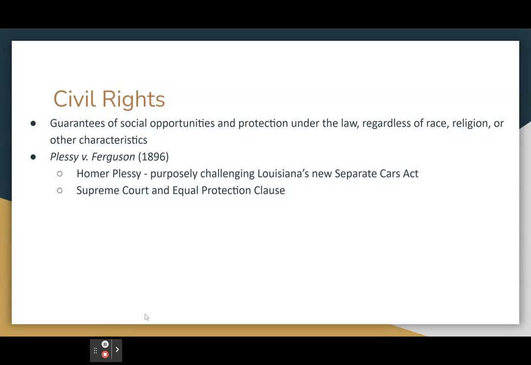I've purchased my ticket, and that's all there is to it. My protection has been violated. The case makes it all the way to the Supreme Court. And here's the problem. The Supreme Court in the 1890s has already got a reputation of taking a very dim view of civil rights, right? I mean, it's not looking good for Homer Plessy.